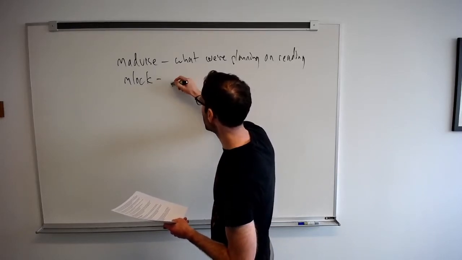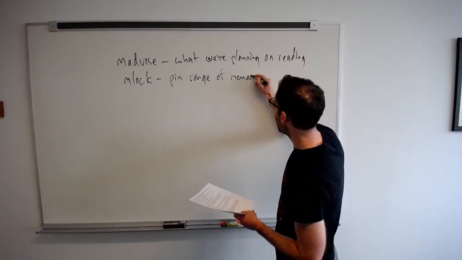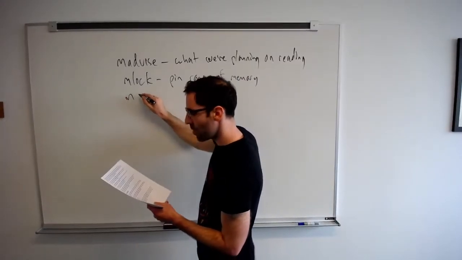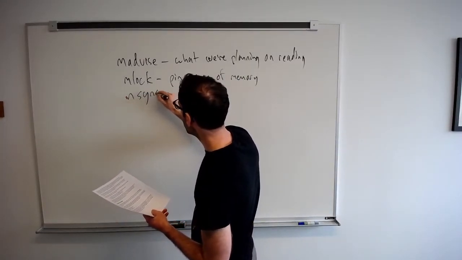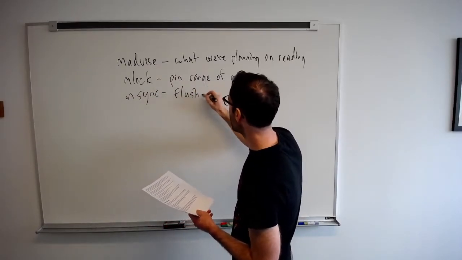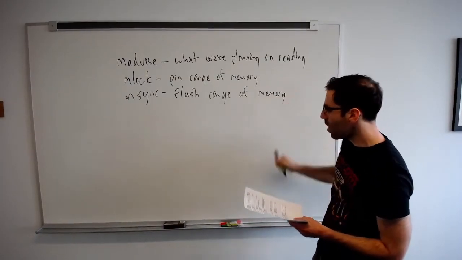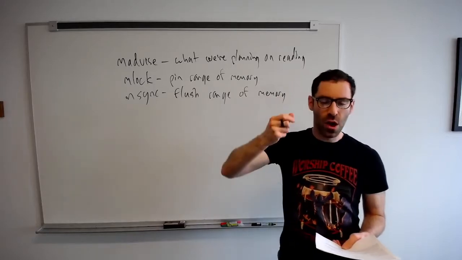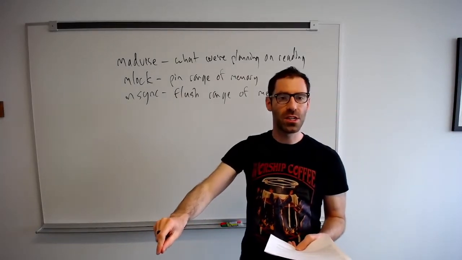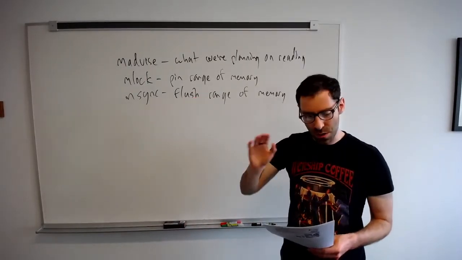So this is basically pin a range of memory. And there's also msync, where we can flush a range of memory. Flush here meaning you're writing that memory out to disk and getting any modifications that have been made to it in memory out there.